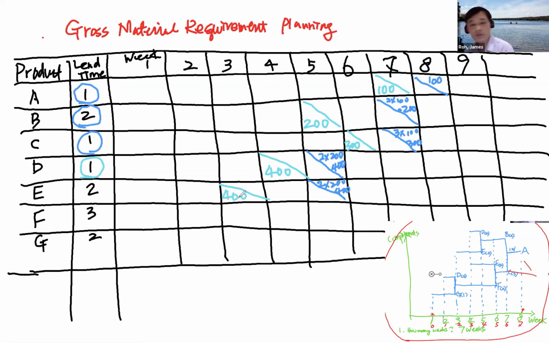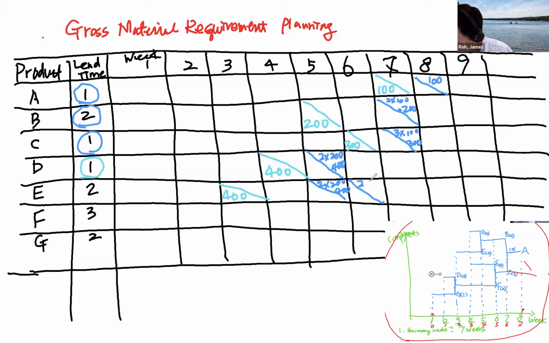And let's go to the other branch, E and F. E at week 6, and we need two units of that. So go to week 6, E. Here is a little bit confusing part for you, but it's happening because we have the other branches.